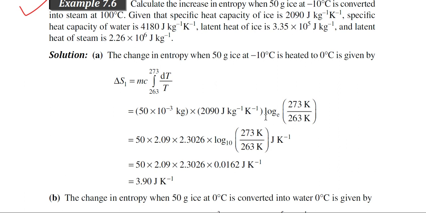You see that they have written log, but here they have written e, meaning exponential. We can also write it as ln, and this is the final temperature 273, because the initial temperature is minus 10 degree centigrade, that is 263 Kelvin. So this one is the initial temperature, this one is the final temperature, and ultimately we can calculate delta S1.